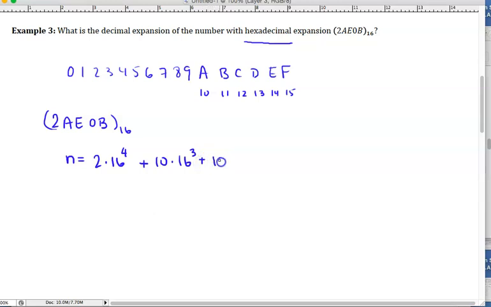We have E, which is 14, times 16 to the 2. 0 times 16 to the 1. And B is 11 times 16 to the 0. Of course, we drop anything with a coefficient of 0, and then we do the math. At this point, you can just plug things into your calculator. So 2 times 16 to the 4th power.